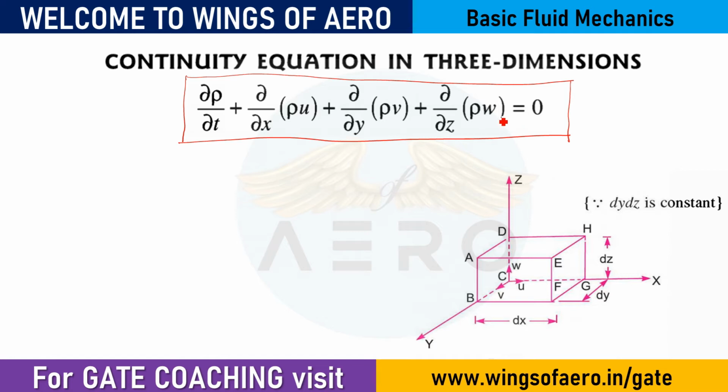Okay. Now what is dou rho by dou t? Rho is, you know, density per unit time, then u, v and w. Okay, this small u, small v, small w are the velocity components along x, y and z respectively.